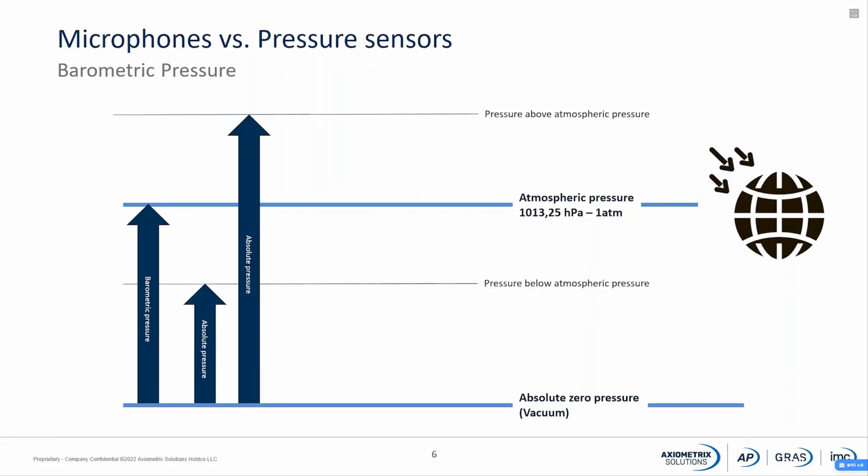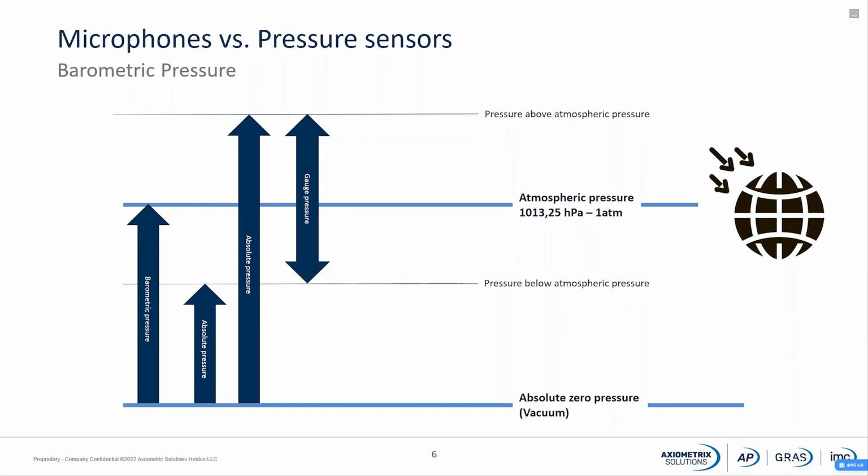Then we can measure the absolute pressure, and that could be below the atmospheric pressure or above the atmospheric pressure. And then we can measure also the gauge pressure, which is in between or around the atmospheric pressure. So these are the basic terms when talking about pressure sensors.